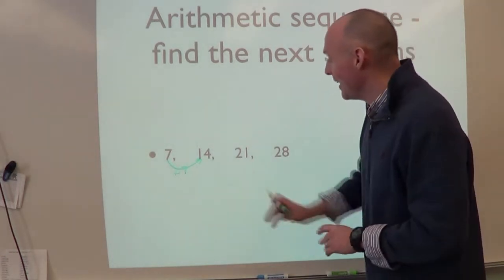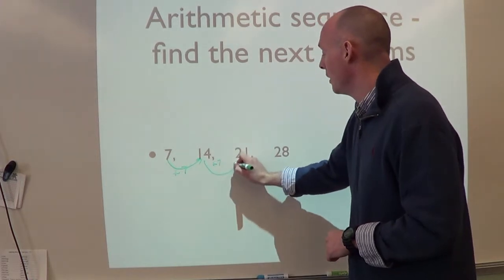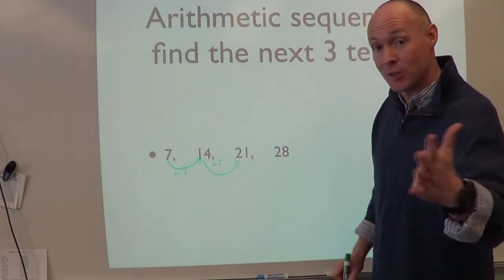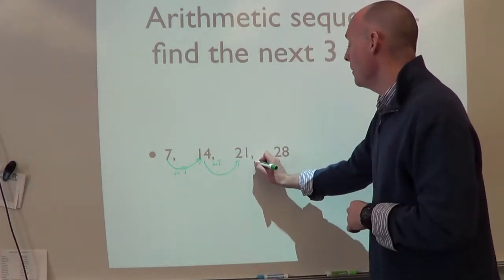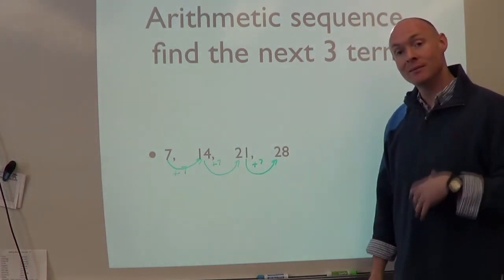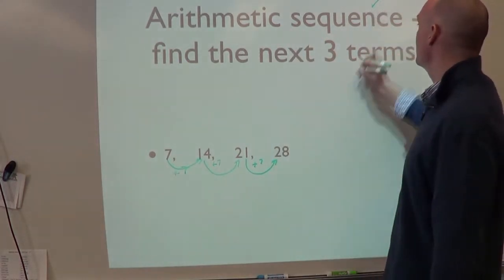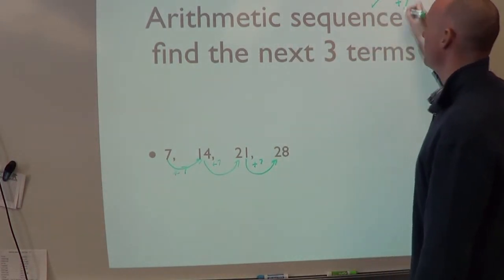Let's see. 14 plus 7, is that 21? It is. We're good to go. 21 plus 7, is that 28? It is. So we're good to go. So arithmetic sequence, yes it is, and the rule is plus 7.